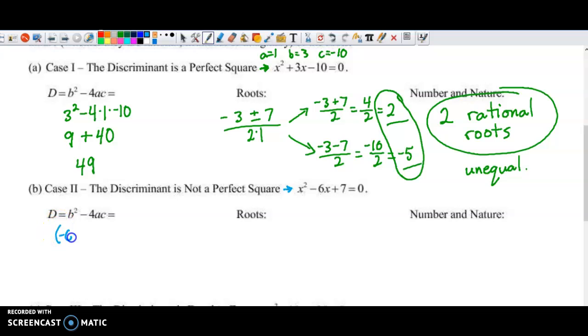But if you consider that it's negative 6 when you square it, minus 4 times a is 1 and c is 7, we're looking at 36 minus 28, which I know is 8.